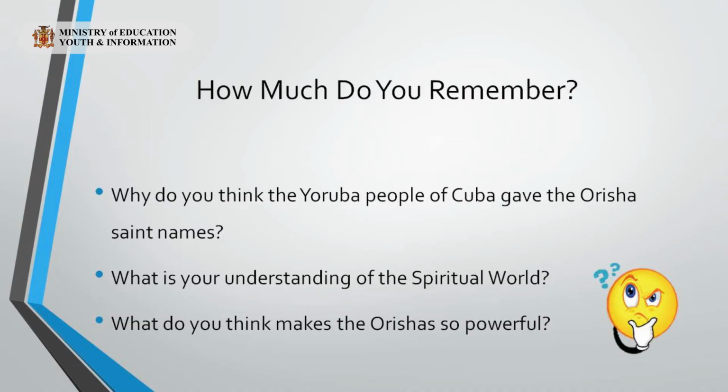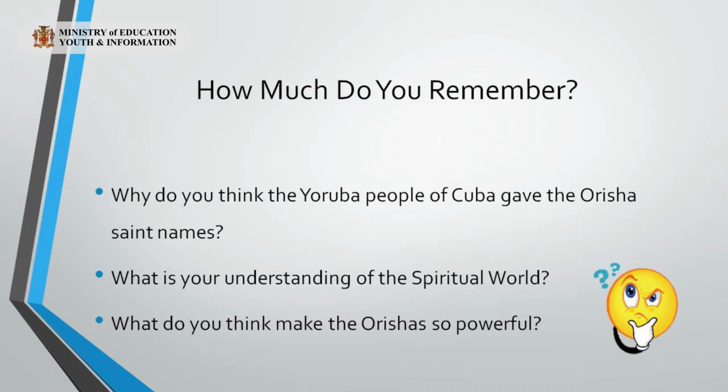So what they did was to represent the Orisha in the saints of other denominations. The second question is, what is your understanding of the spiritual world? We spoke a lot about the spiritual world. What do you understand about it?